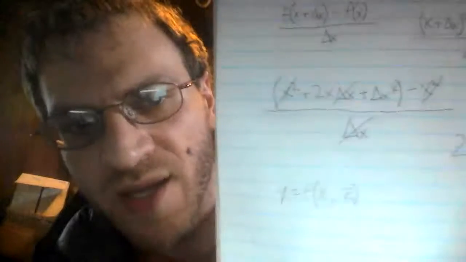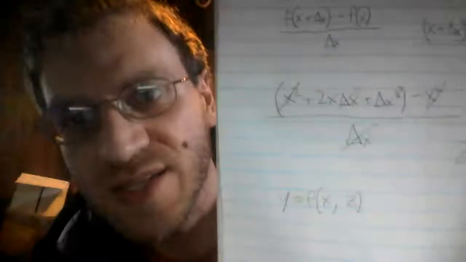So computers, and actually math too, a function can be a function of multiple things. So we could have f of x and z. This is a math function too. Y equals f of x and z.